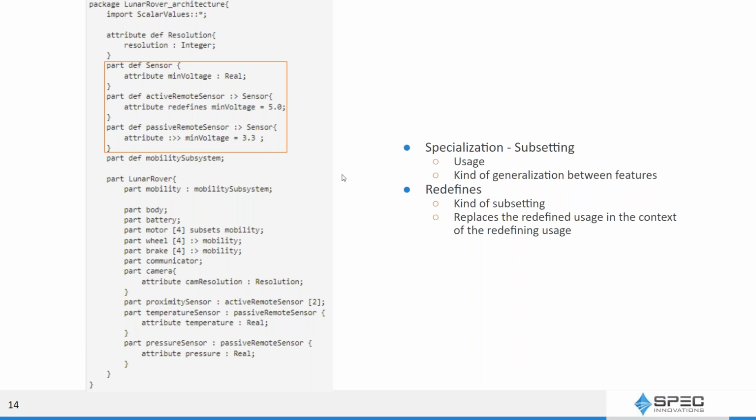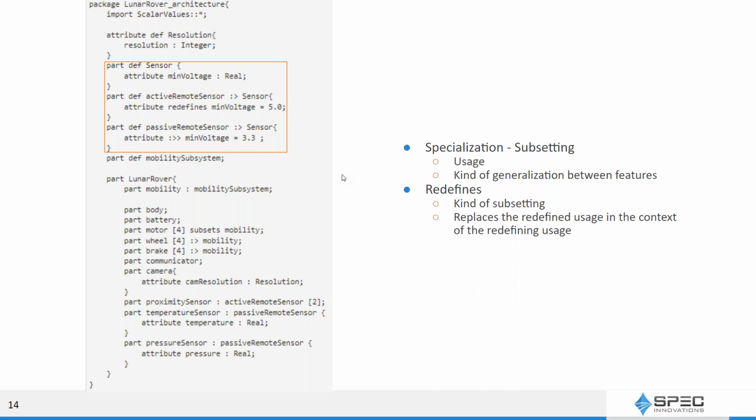So in this instance, we have the part def sensor has attribute min voltage of type real. That leaves it general. So if we specialize part def active remote sensor and part def passive remote sensor that specialize the sensor, we can redefine the attribute min voltage.